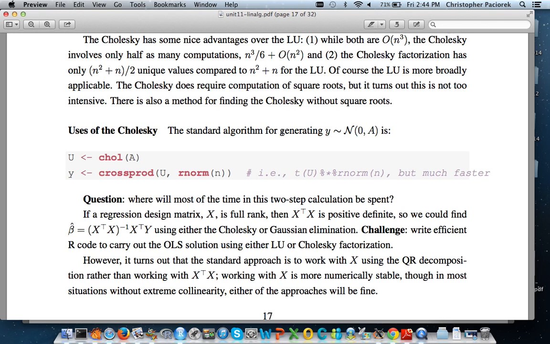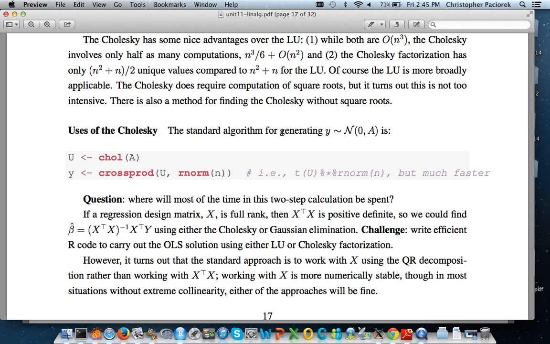What do I do? The standard algorithm is to take U transpose times Z. I've got U transpose U equals A. A is a covariance matrix, it's positive definite, so I can do a Cholesky decomposition.